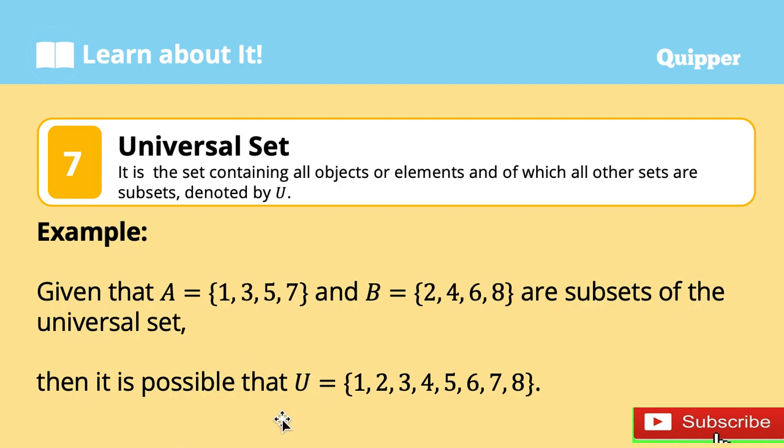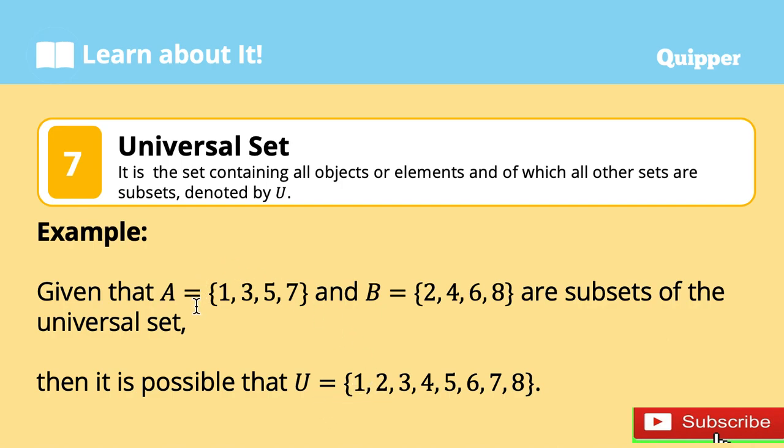then it is possible that the universal set is equal to {1, 2, 3, 4, 5, 6, 7, 8}. Again, it is possible that this is the universal set, because since we have set A equal to {1, 3, 5, 7} and set B equal to {2, 4, 6, 8}, we will just combine them, and this is the universal set.